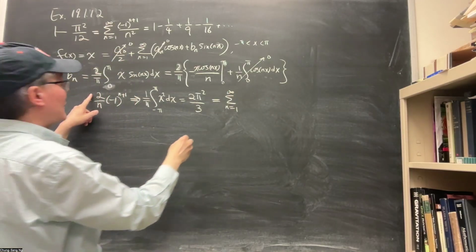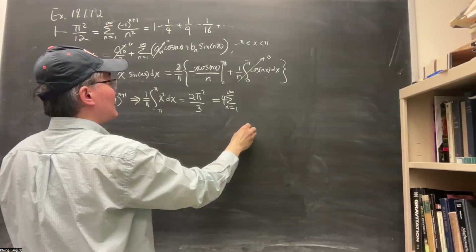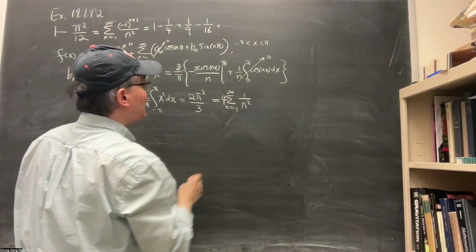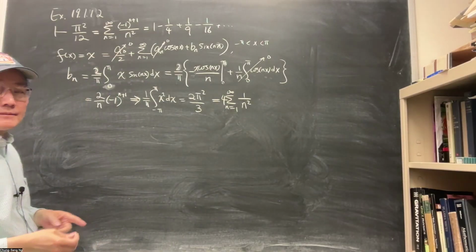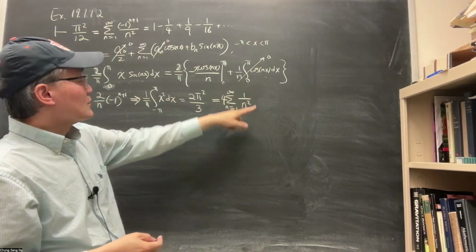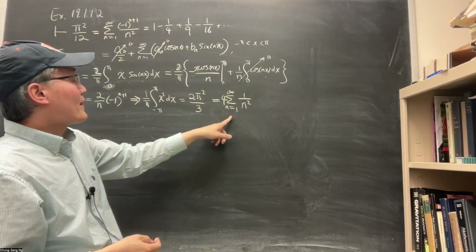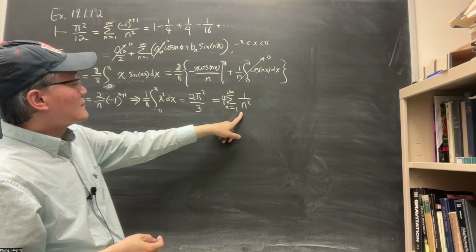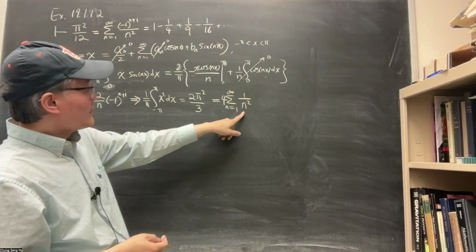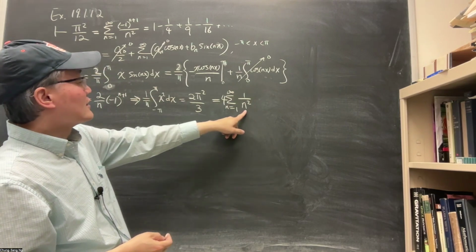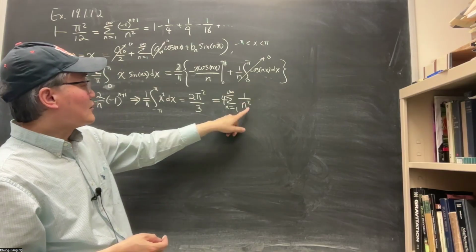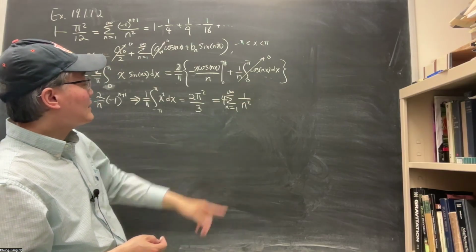The square gives a factor of 4 and 1 over n squared. You identify this as one value of the Riemann zeta function, but it doesn't matter. It's a convergent sum, obviously, because of 1 over n squared.